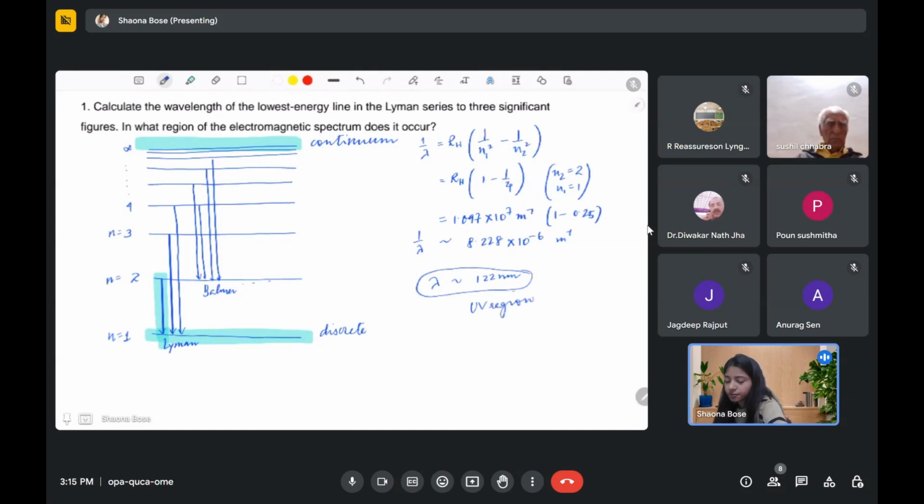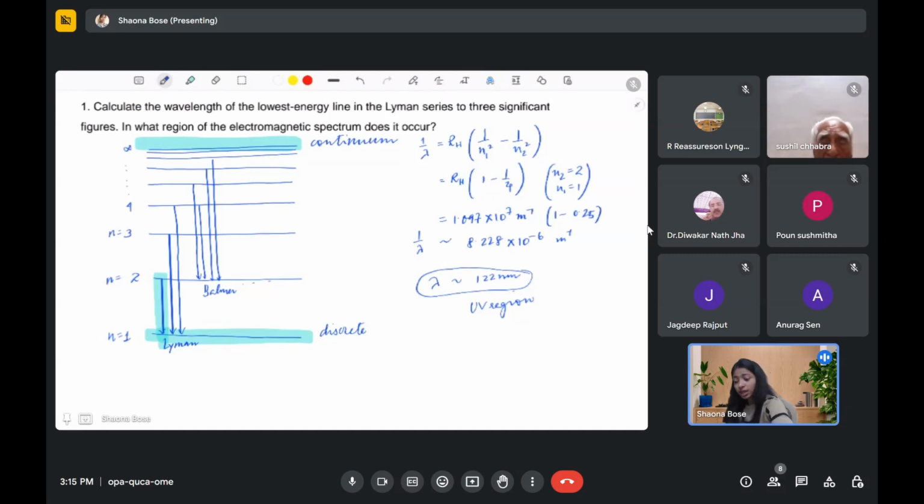of the spectrum. Now, what is the significance of this particular problem? Is it just a random problem? Does anybody know that? Well, let me tell you.